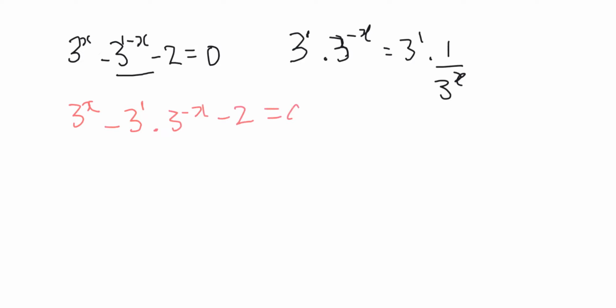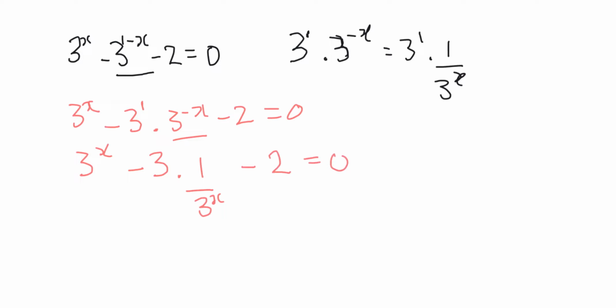However, we still need to write this 3 to the power of negative x as a positive exponent. So this is going to be 3 to the power of x, subtract 3 multiplied by 1 over 3 to the power of x, subtract 2 is equal to 0. Are we okay?